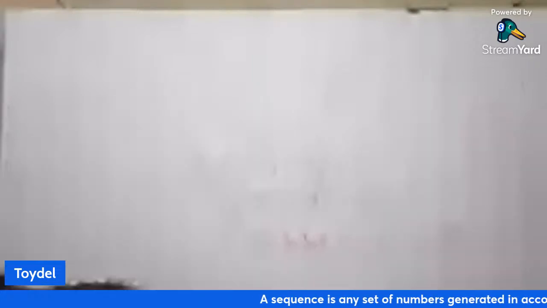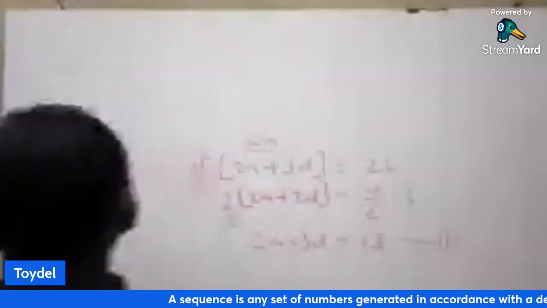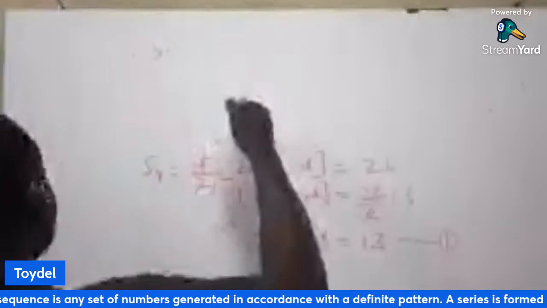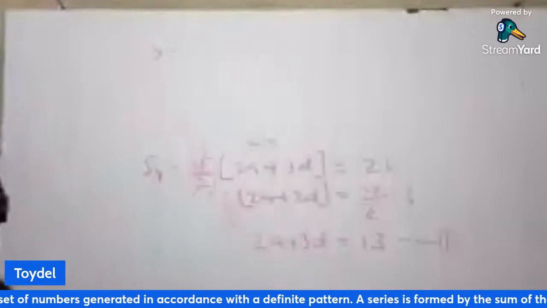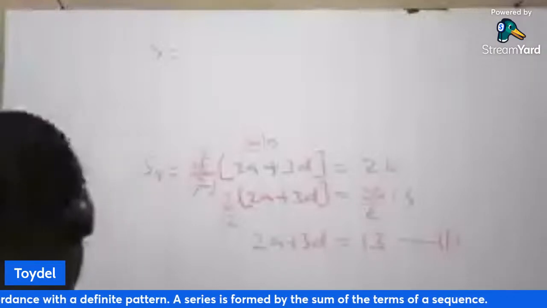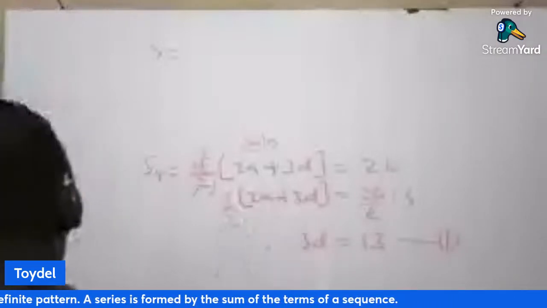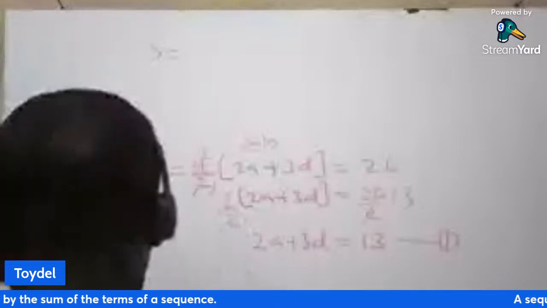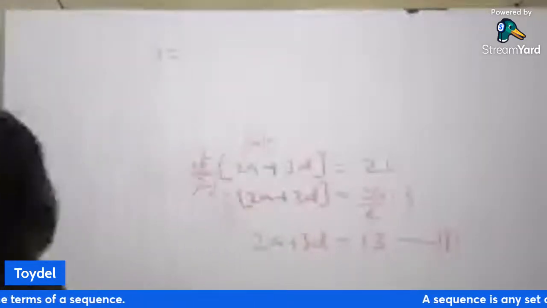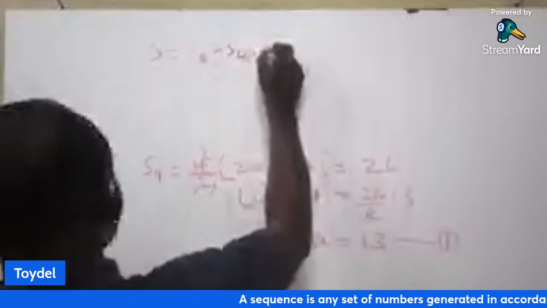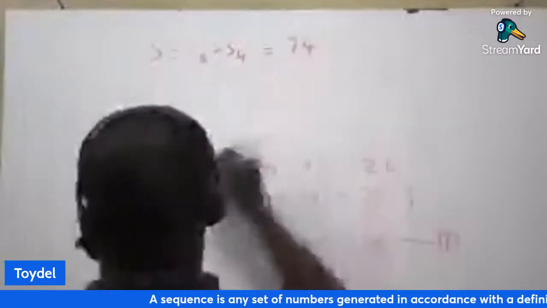Then the second part of the question says that the sum of the next 4. This is the first 4, then from S8 to S4 now, the next 4 is given as 74. That is, S8 minus S4 is equal to 74.